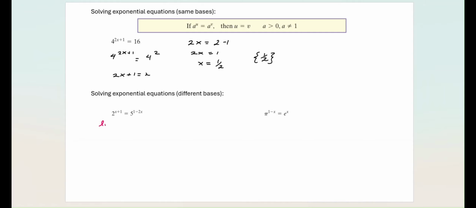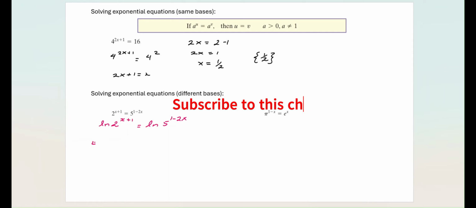I will say natural logarithm of 2 to the power of x plus 1 is equals to the natural logarithm of 5 to the power of 1 minus 2x. So now, using property of logarithms, I can write this power as a factor.